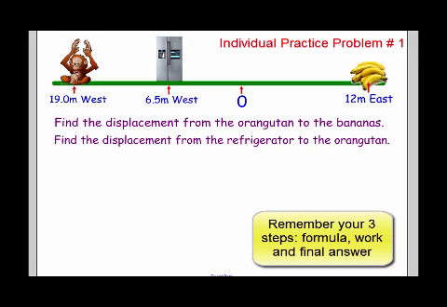So here's the first one. Once you have this on your screen, write down the question, pause the video, and then finish your answer. Tomorrow when we go through this in class, I want to see your 3-step equations. So always a formula, always showing me your work, followed by your response.